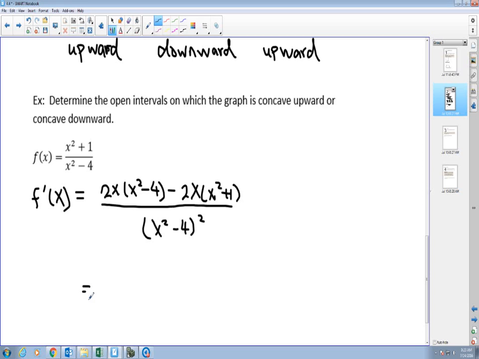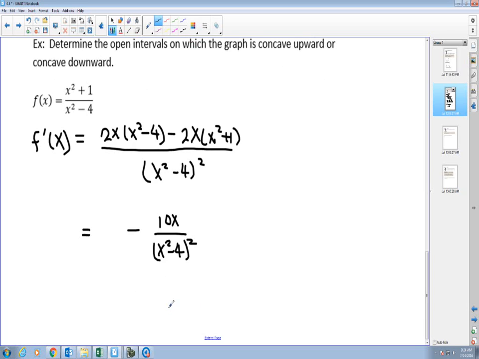Let me clean this up a little bit. This is going to be 2x to the third minus 2x to the third. That cancels out. Negative 8x minus 2x is negative 10x over x squared minus 4, squared. Now I'm going to take another derivative of my f prime.